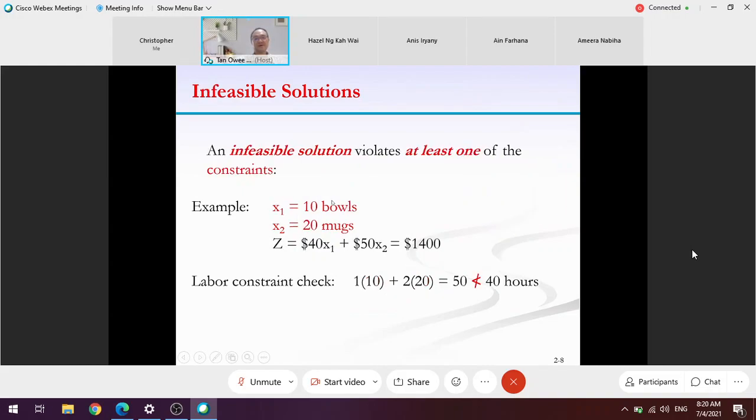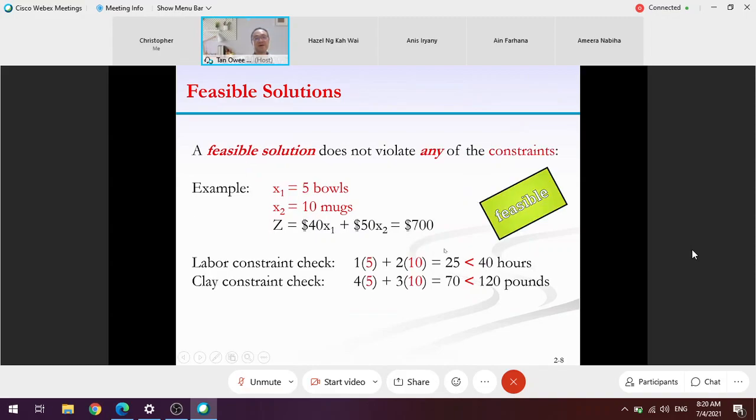Kalau the number that we replace ends up with a result that does not fulfill the conditions of the constraint, then we say it's infeasible. Okay. Setakat ini you faham macam itu dulu. Then I will explain in more detail. The purpose of these two slides is to give you an idea apa dia feasible, apa dia infeasible.